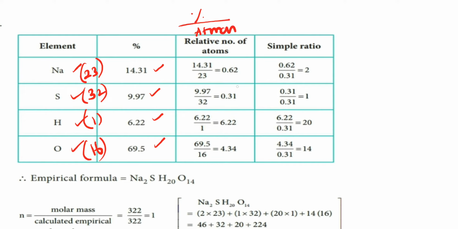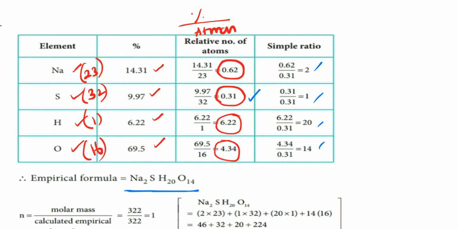So 14.31 divided by 23 is 0.62, 9.97 divided by 32 is 0.31, 6.22 divided by 1 is 6.22, and 69.55 divided by 16 is 4.34. The lowest value is 0.31, so everything is divided by it, giving 2, 1, 20 and 14.